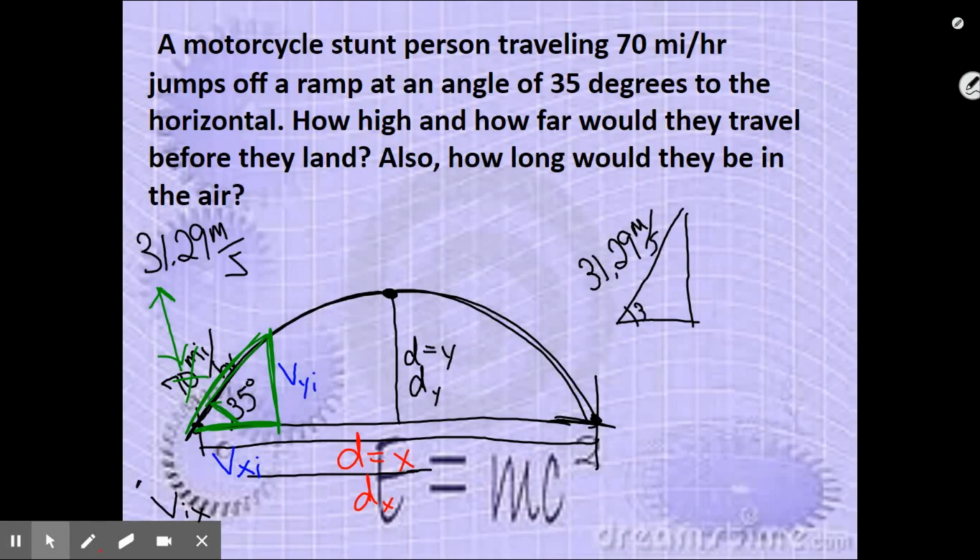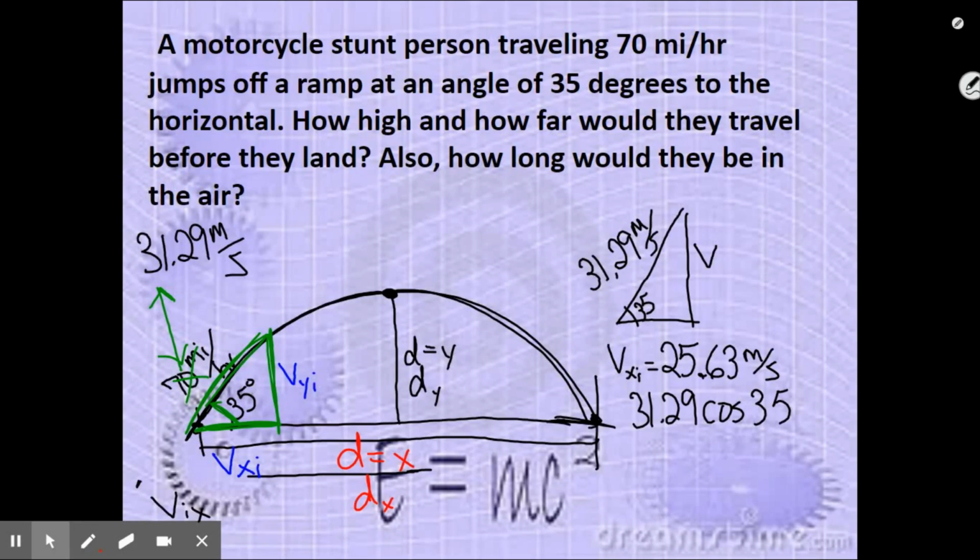This is 35. So Vx initial is going to be 31.29, and this is cosine of 35. So if we type that in, 31.29 cosine 35, we get 25.63 meters per second.